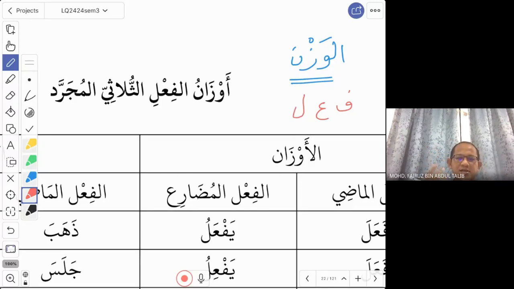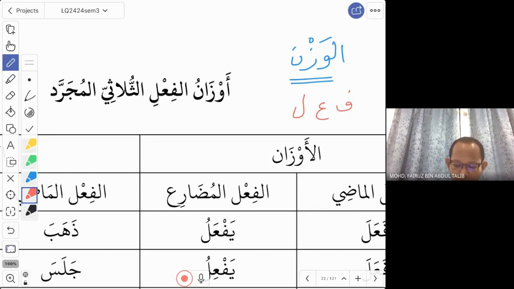The three letters fa, ain, lam represent the original huruf. Again, I repeat. For wazan, normally we use these three letters to represent the original huruf. Other than fa, ain, and lam, most of the time they are the additional letters.